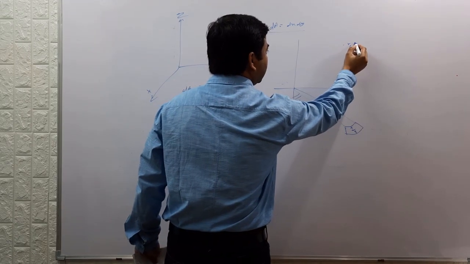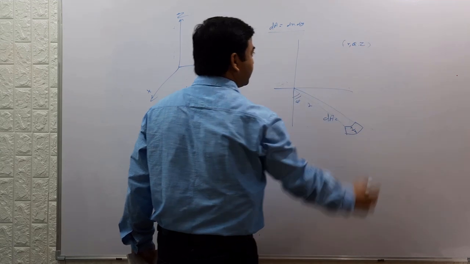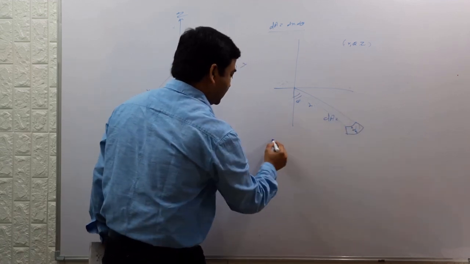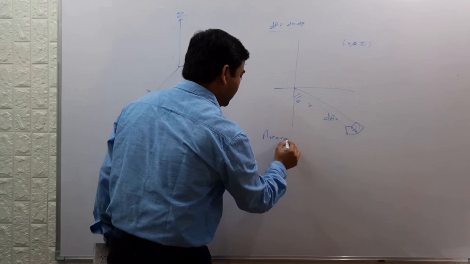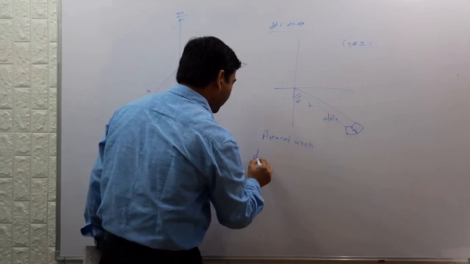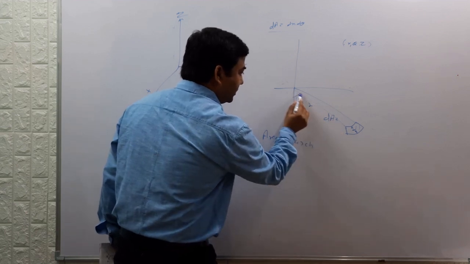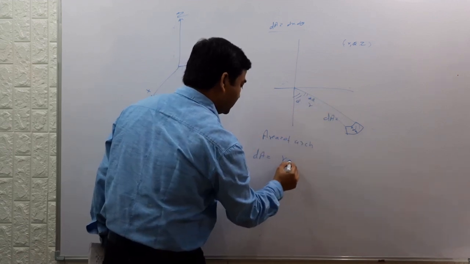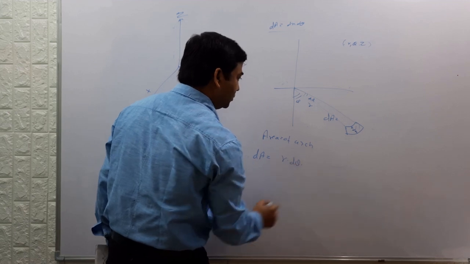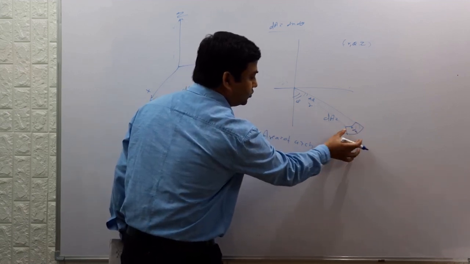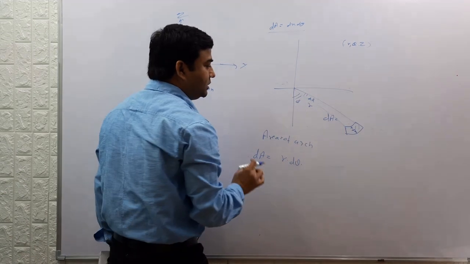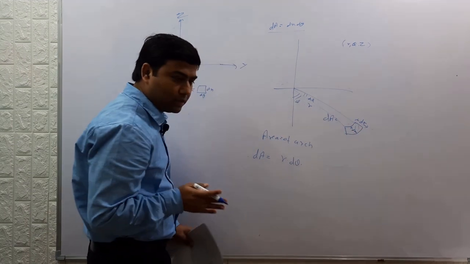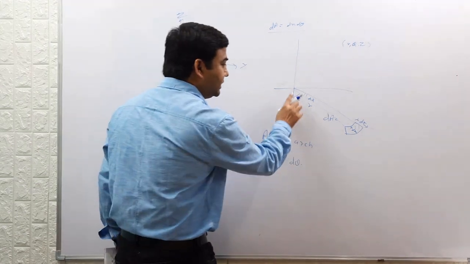The point was r, theta, z, and this was its projection P. So the area dA of this arc is equal to the radius times d theta, where d theta is a small angle, times dr, the small increment in radial distance.